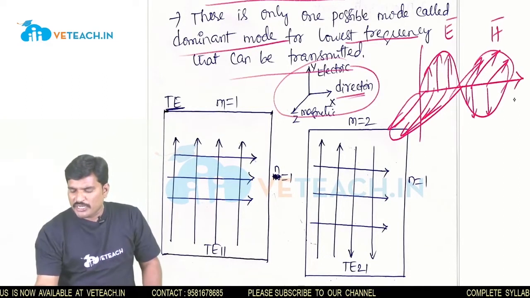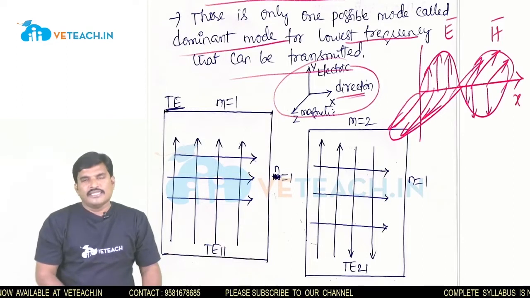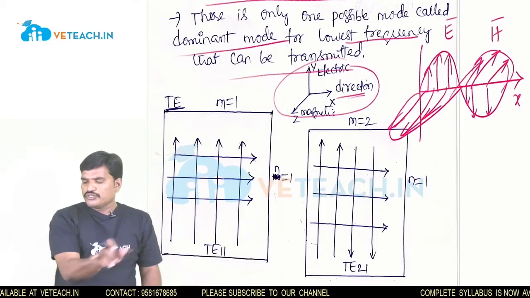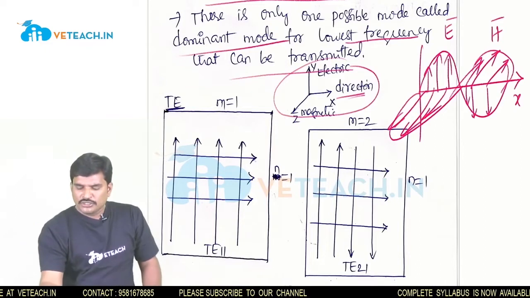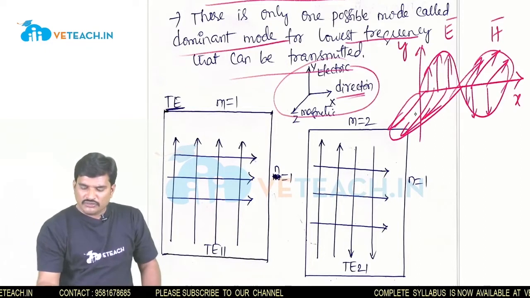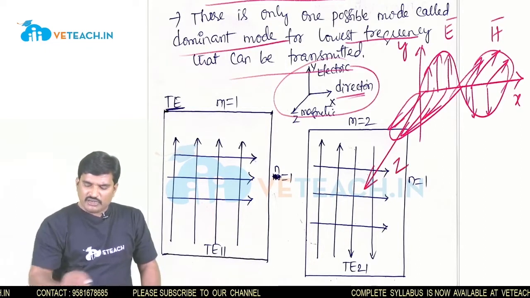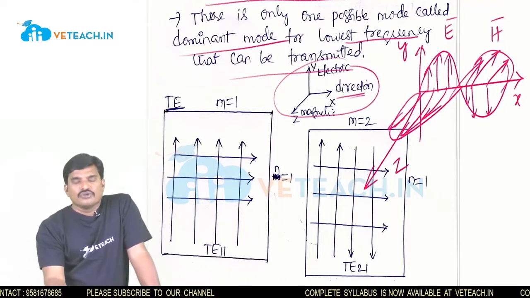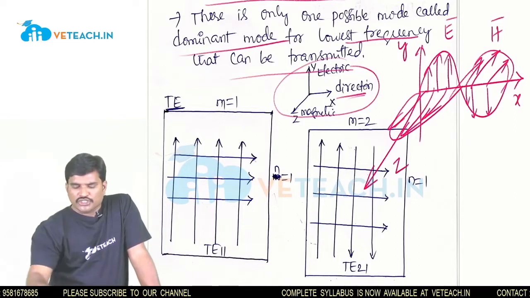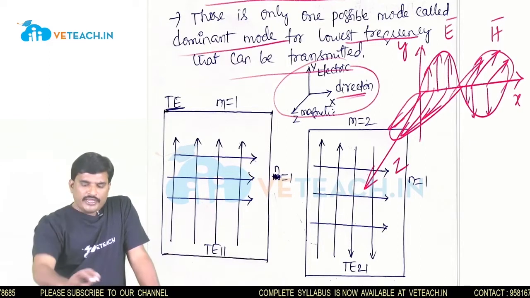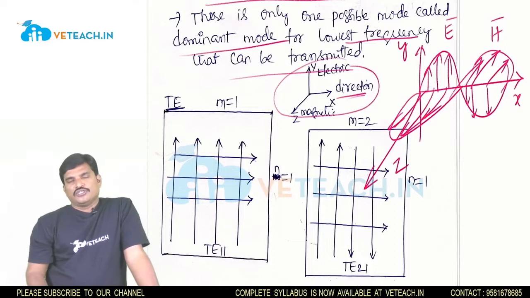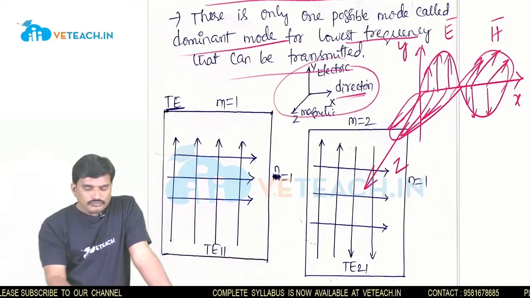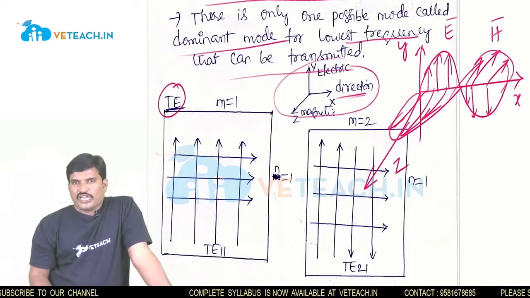On my assumption it is moving along the x direction, your electric field is along y, and your magnetic field is along the z direction. Can we accept the same point on this? So direction is along x, electric field along y, and magnetic field along the z direction.